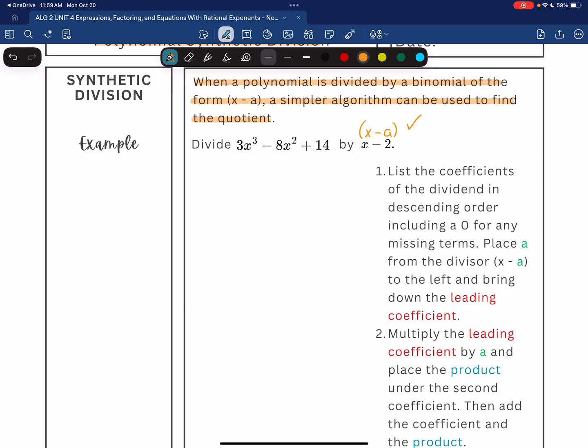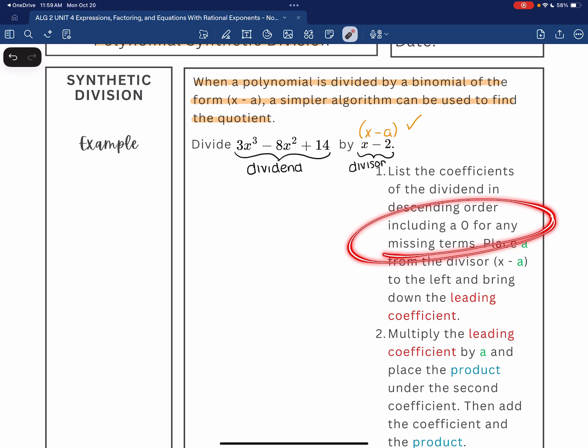So what we're going to do to begin is we're going to list the coefficients of our dividend in descending order. Remember, this right here is our dividend. And this is called the divisor. So we're going to list the coefficients of our dividend in descending order, including a 0 for any missing terms.